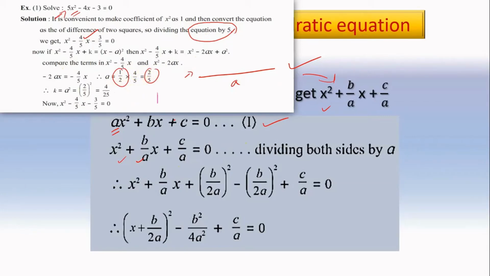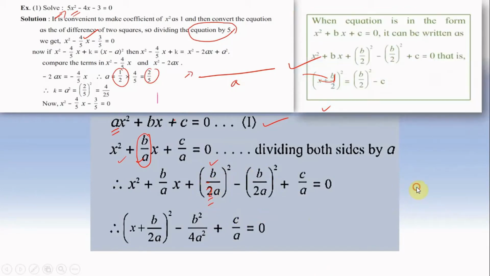When we use these two techniques, that means dividing the coefficient of the second term by 2, we get b upon a, and this a will become 2a because we have multiplied with half. So this particular technique we use to develop a solution by the square method.